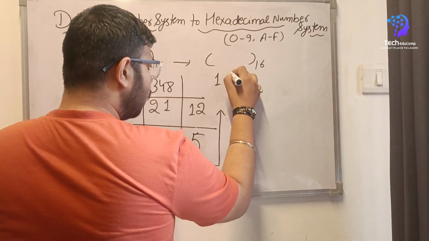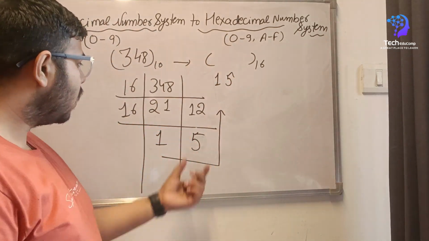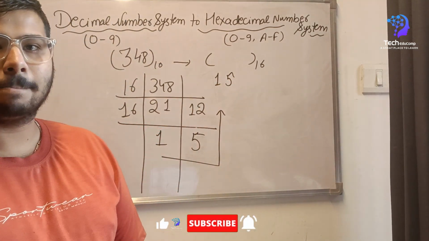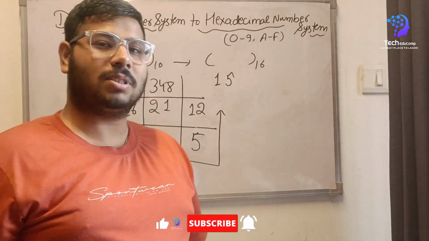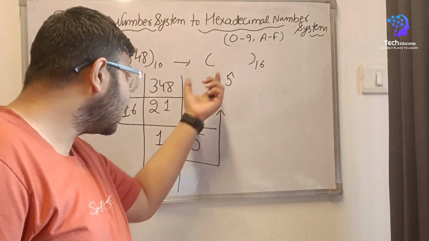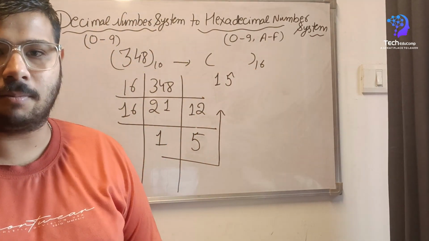1, 5. But I cannot write 12 here. Here comes the difference. You cannot write 12 directly here, it would become a 4-digit number.